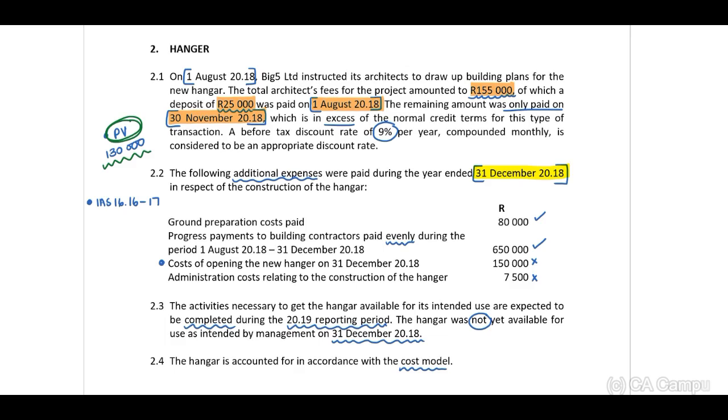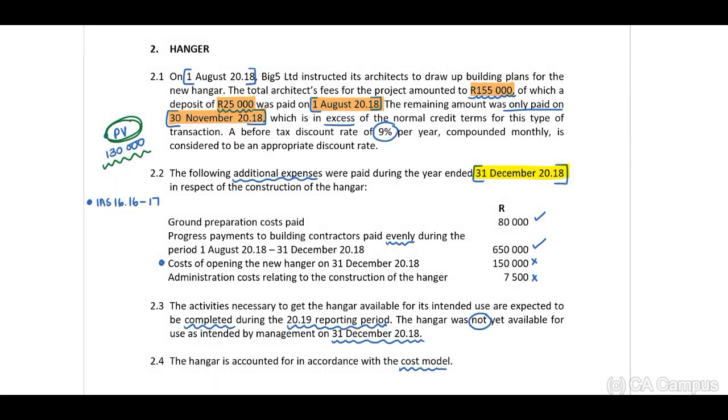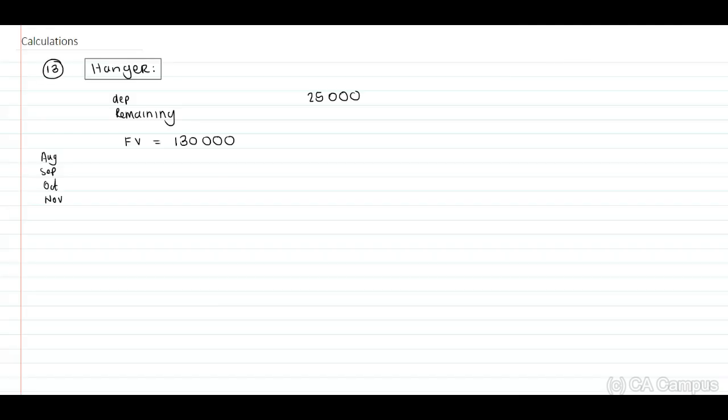This is 30 November. Therefore, we are looking at August, September, October, November. Guys, let me just quickly ensure that I understand the details. 1 August. Okay? Therefore, my period will be 4 months.